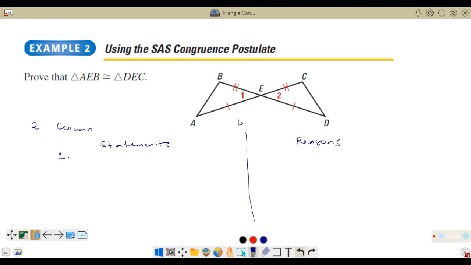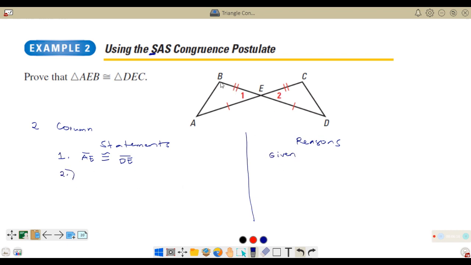Unahin natin yung unang element, side. Pili tayo ng isang side. So, we have side AE is congruent to side DE. Ano yung reason natin? Given sa figure, syempre.